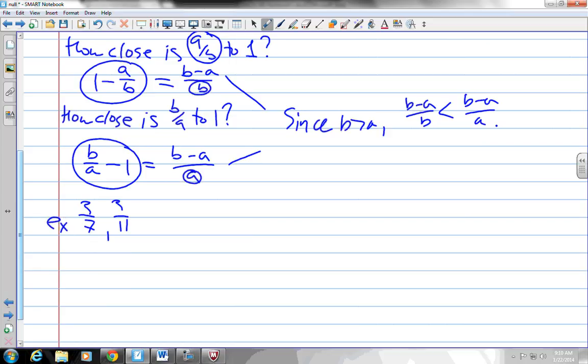That's how we did it last year. We literally looked at the distance, and then analyzed generally which one is smaller. We just got lucky that the numerators came out the same, so you just compare denominators. And since B is greater than A, it's always going to work like that.